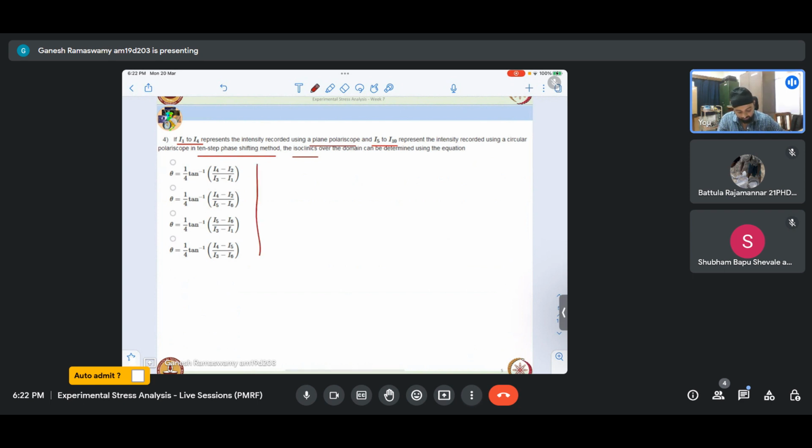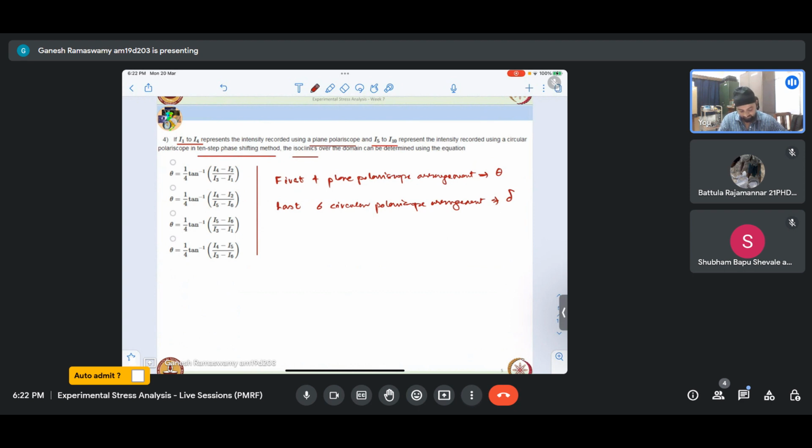Essentially, the first four plane polariscope arrangements give us theta, and the last six circular polariscope arrangements give us delta.